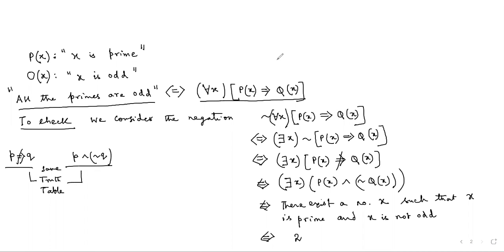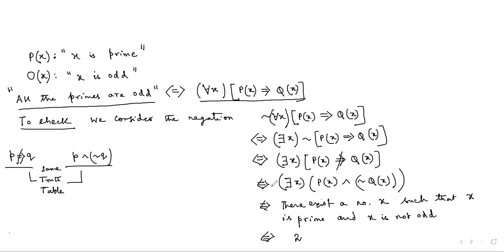So therefore, we have found a contradiction here: a number which is a prime number but not an odd number. We wanted to check the validity of the statement that all primes are odd. That particular statement is actually false.